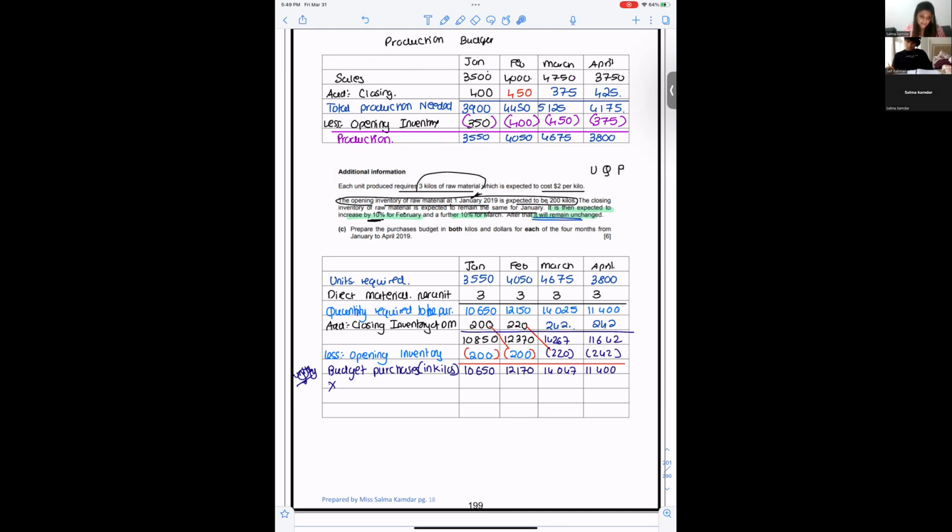What is the price per kg? Price per kg is 2.